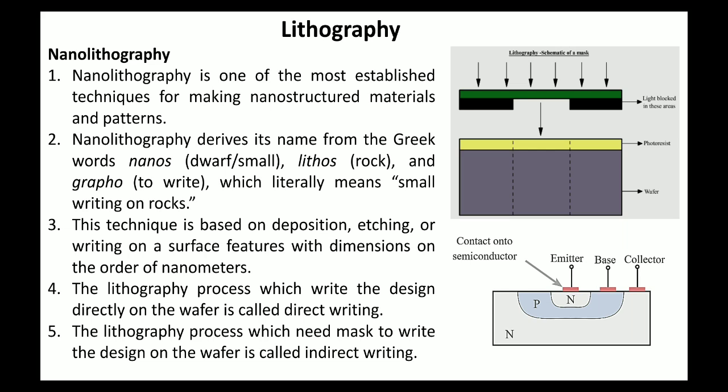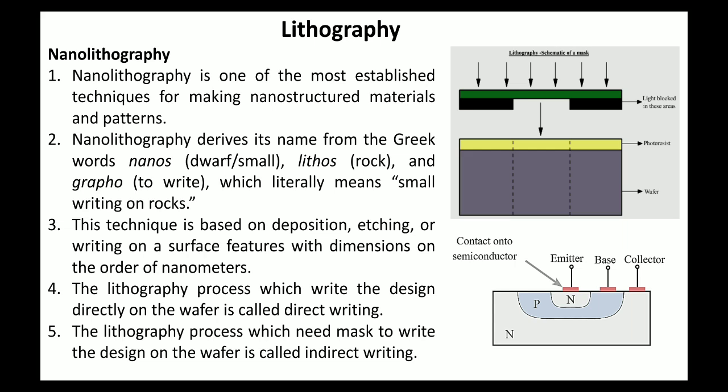So nanolithography. Lithography is a broad word, like materials, and then we'll see what is called a nanomaterial. The broad technique is lithography, and when we do that lithography at the nanoscale, we call it nanolithography.